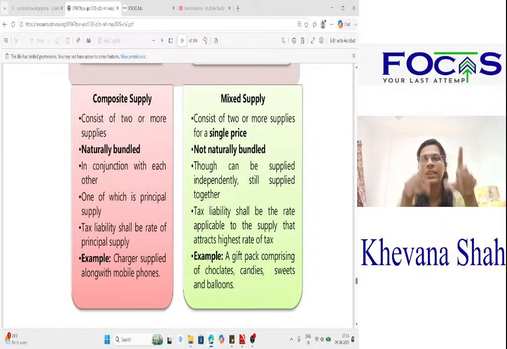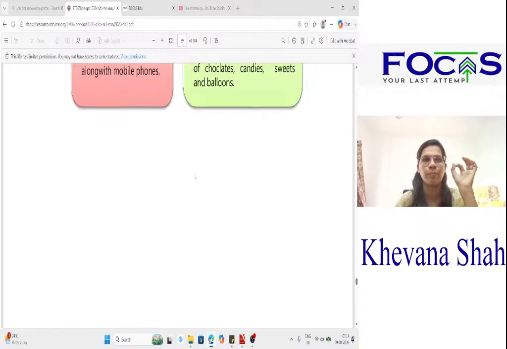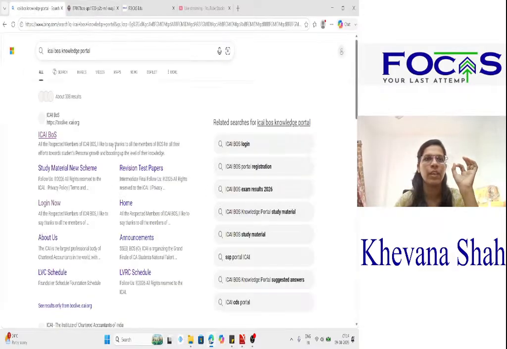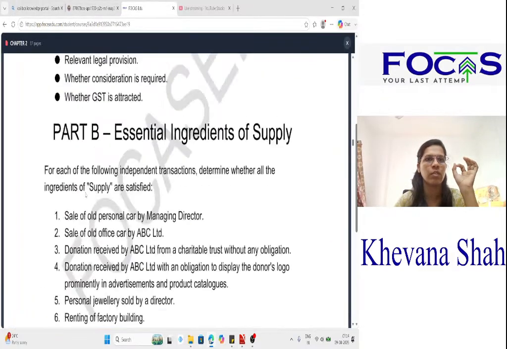Only if these mixed supplies are given in a single price will you apply the highest rate. Okay, now let's come to these questions.